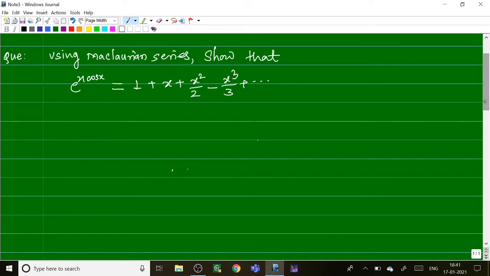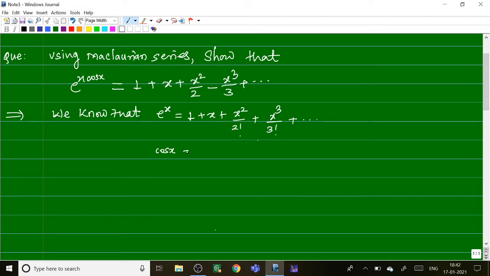Now to address this question we need to know that e raised to x is equal to 1 plus x square by 2 factorial plus x cube by 3 factorial and so on.